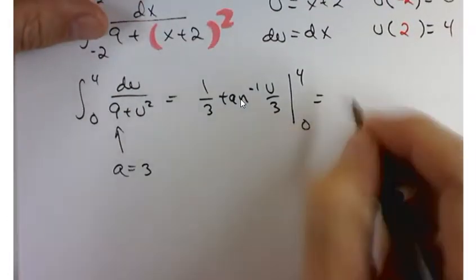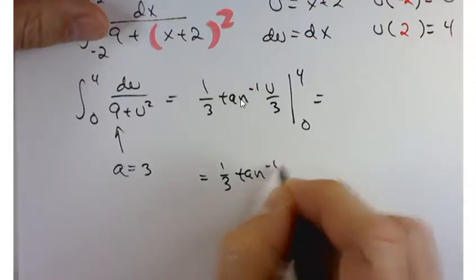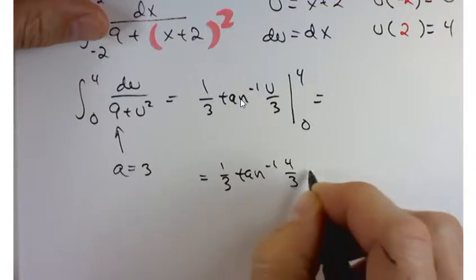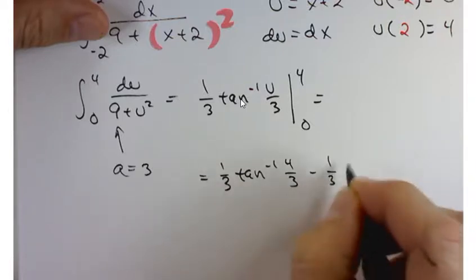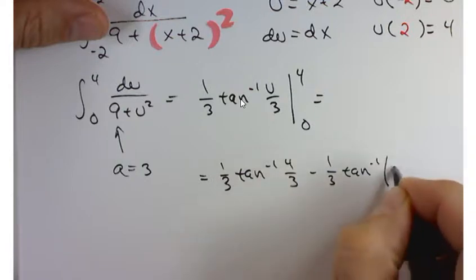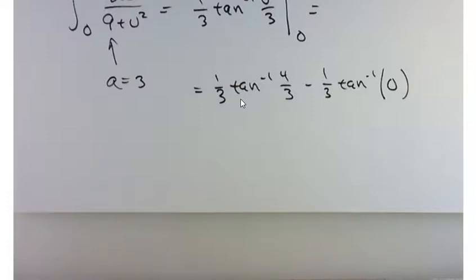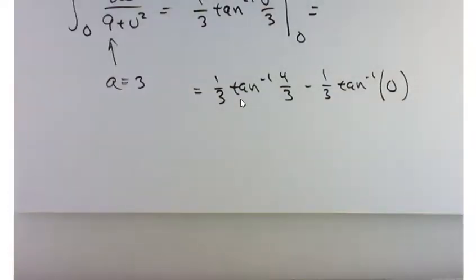Let's plug in some limits. There's going to be 1/3 tangent inverse of 4/3 minus 1/3 tangent inverse of 0. And we are going to get a little bit of simplification here because the inverse tangent of 0 is 0.